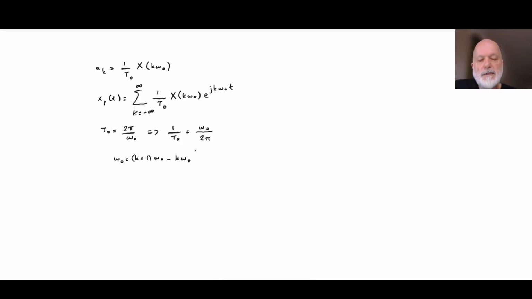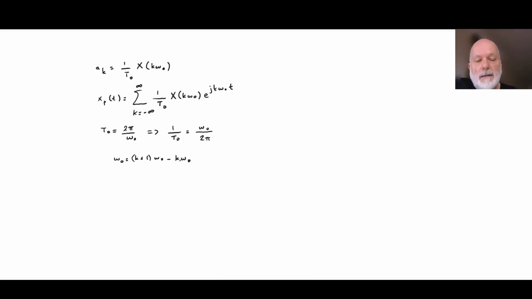In other words, it is the increment between the frequencies (k plus 1) times omega 0 and k omega 0. So we can call this expression the frequency increment delta omega.